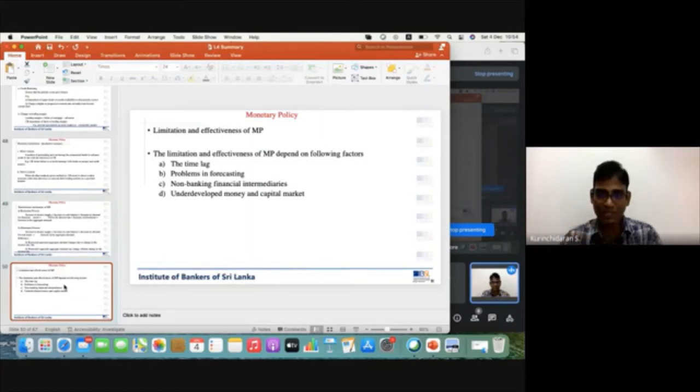Even if you reduce the interest rate, people will go to the village, to the informal lender, and borrow at a higher rate. So you don't get the expected outcome. Similarly, underdeveloped money and capital market. So then you don't clearly pass on those impacts.